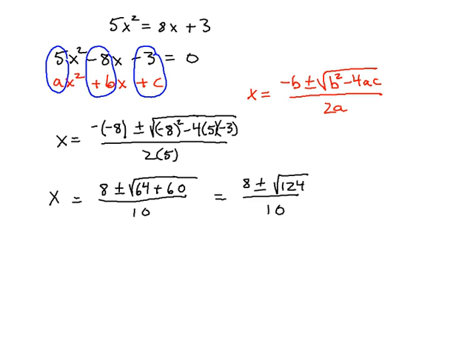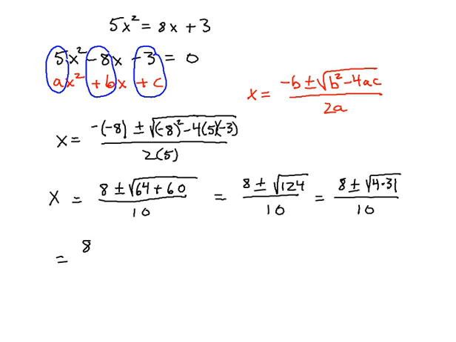I could simplify this further. I would have 8 plus or minus, and I notice that 4 goes into 124 31 times, and then divided by 10.